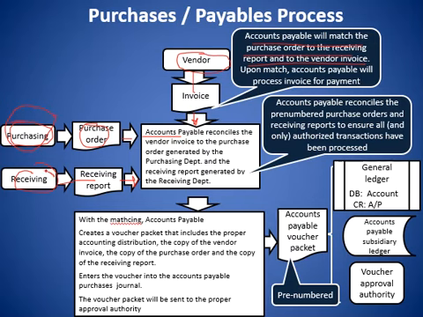We also received the items through the receiving report, and we've been invoiced for the items. And again, we match that against our purchase order for the correct pricing and terms. Upon matching those three documents, accounts payable will then process that invoice for payment to the vendor.